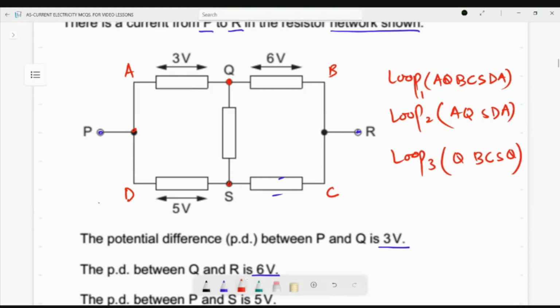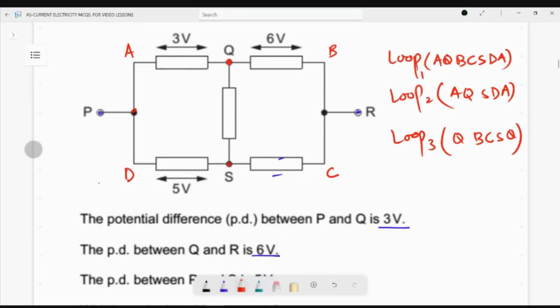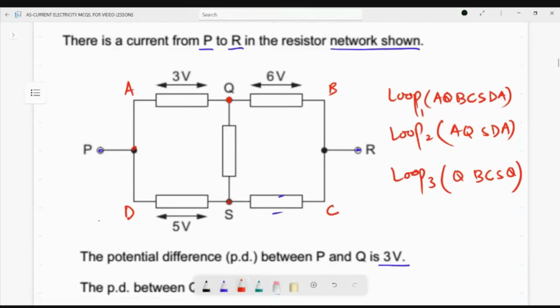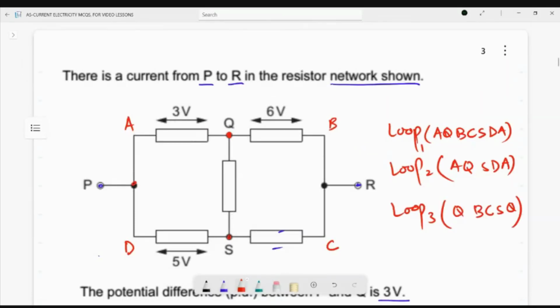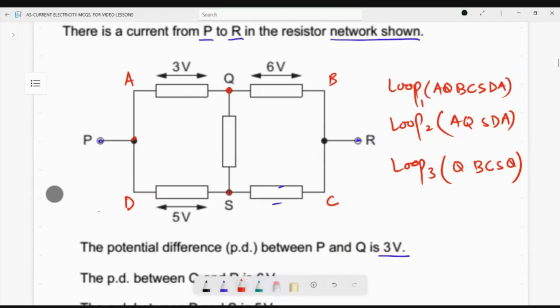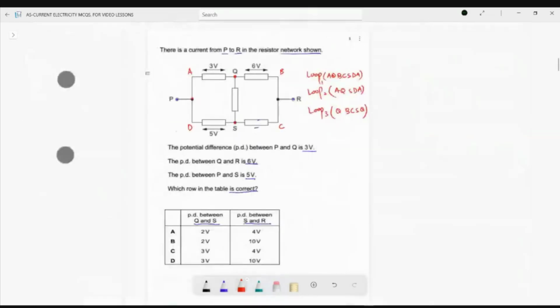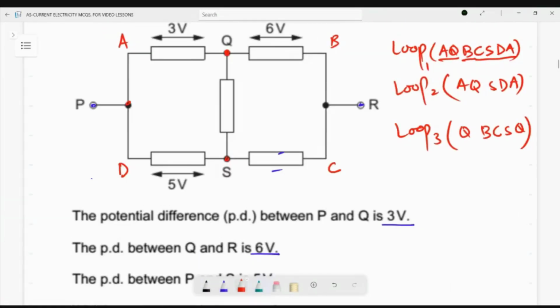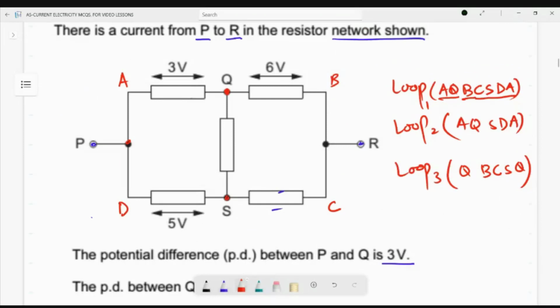In these loops, if I follow Kirchhoff's law, I have to select any one loop, and then I will follow the next and the next. So first of all, let's follow loop A, Q, B, C, S, D, A. If I select this, the sum of all the potential differences across this loop must be equal to 0.